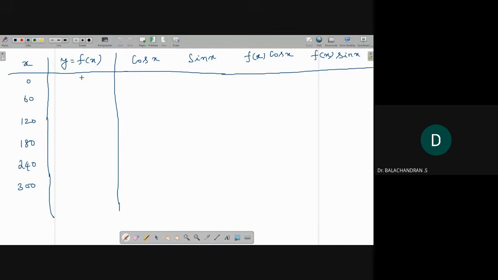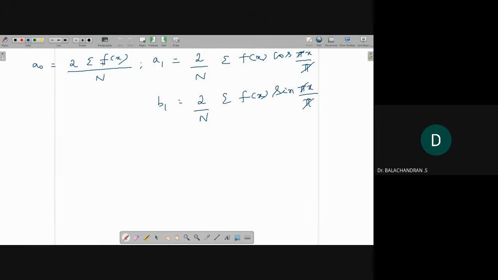So next, y equal to f of x. 40, 31, minus 13.7, 20.0, 3.7, minus 21.0. So actually I need the sum of these because sum of f of x I need.